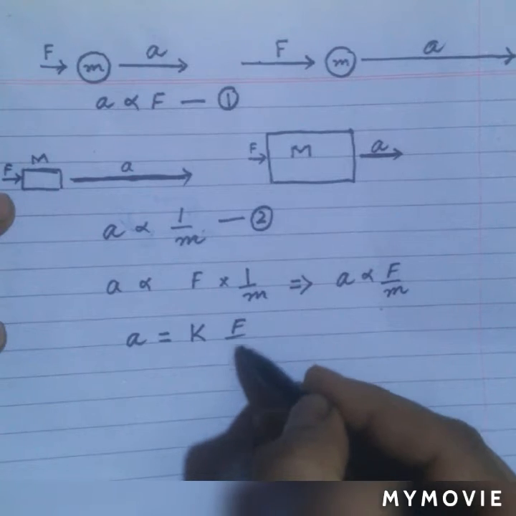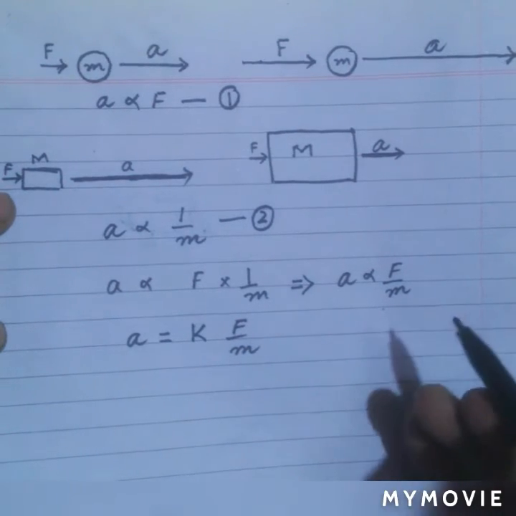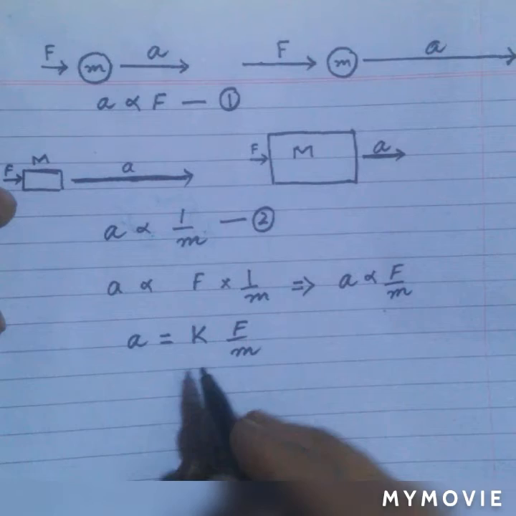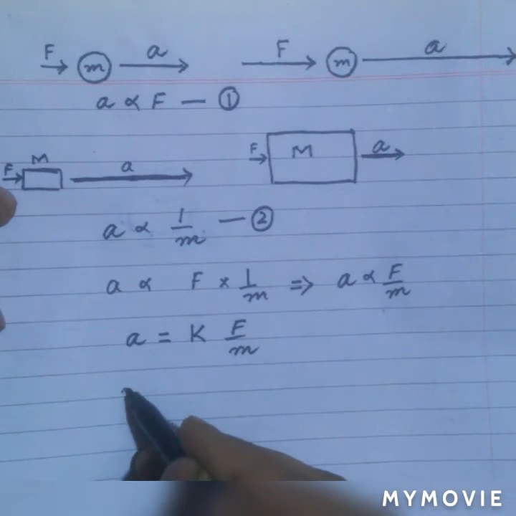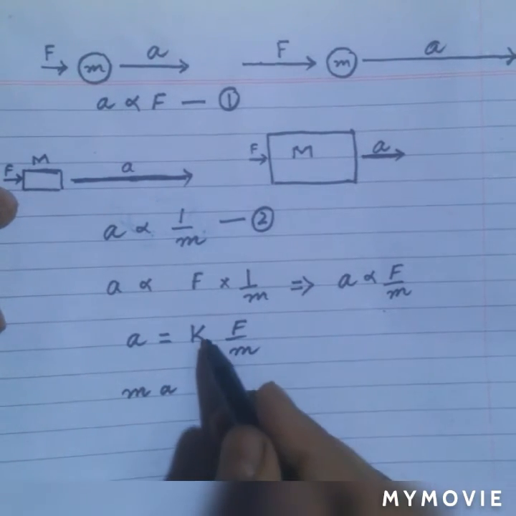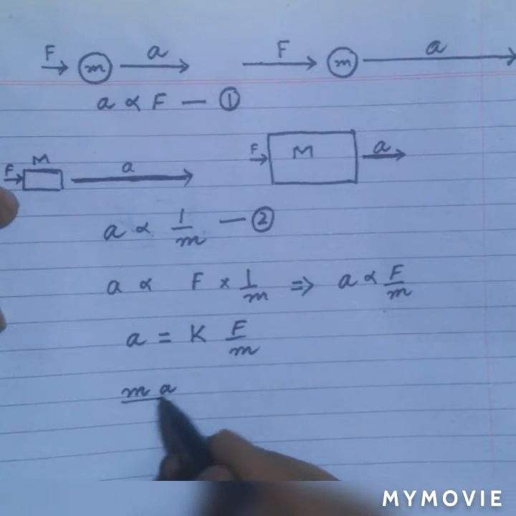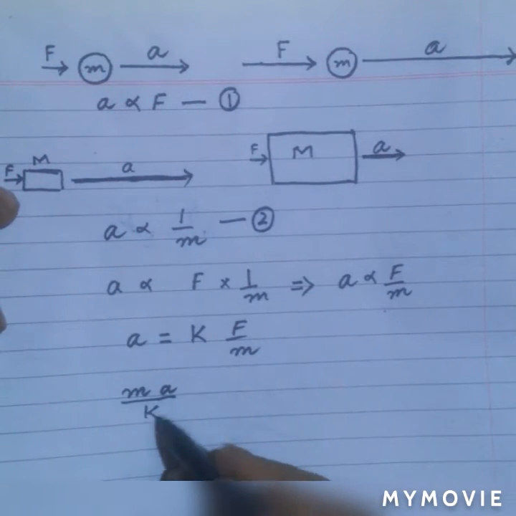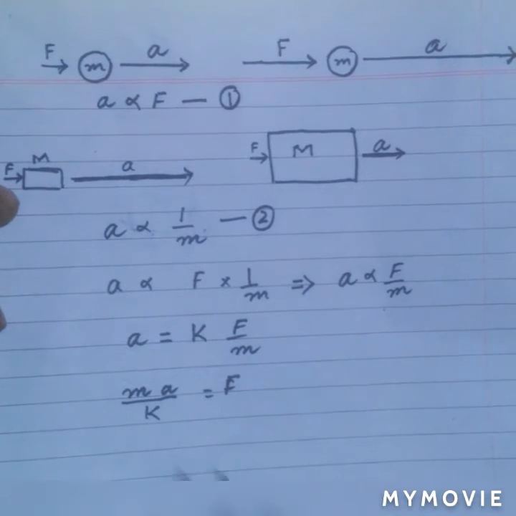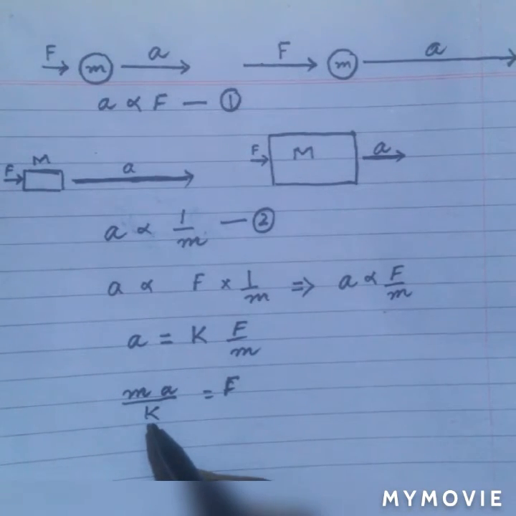So A will become k into F upon m, right? Shifting m to the other side of the equation, we will get m into A upon k will be equal to F.